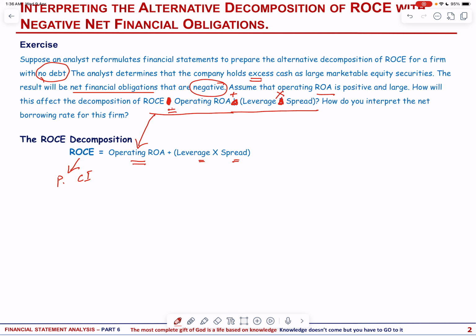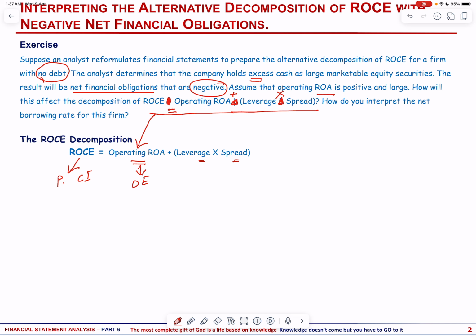Operating ROA, that is operating return on assets, reflects the company's operating efficiency, excluding financial activities like debt and financial investments. Just keep in mind that when we are talking about operating return on assets, we are not going to take into account financial activities like debt and financial investments.